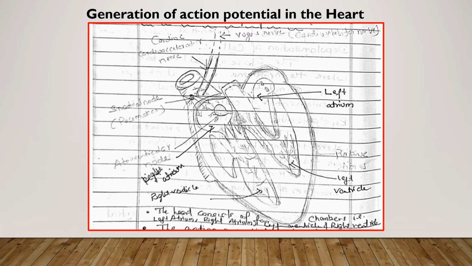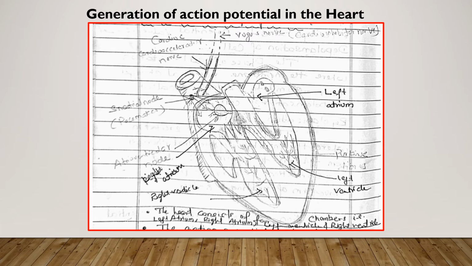The action potential generated by the pacemaker propagates in all directions along the surface of the atria, traveling parallel to the surface toward the junction of the atria and ventricles. The wave terminates near the center of the heart at the atrioventricular node.